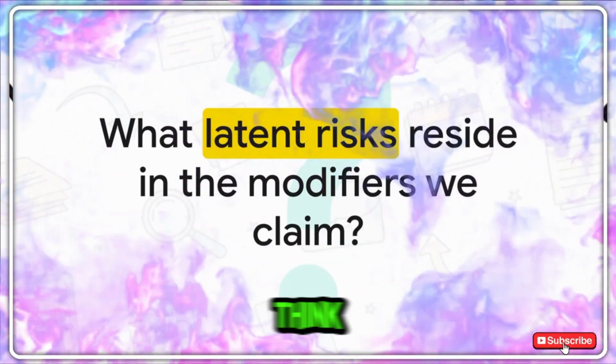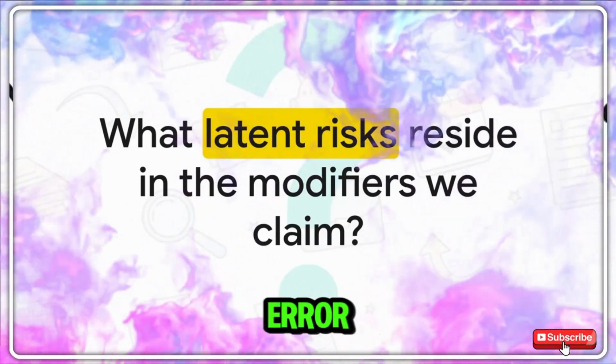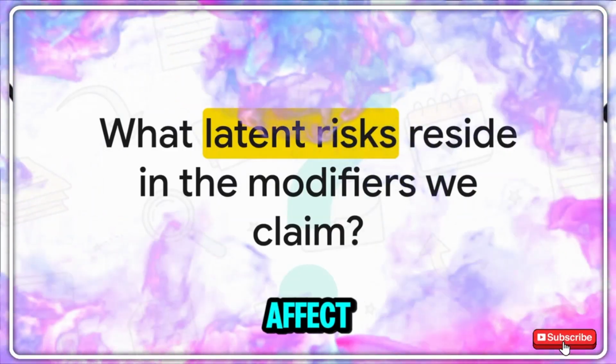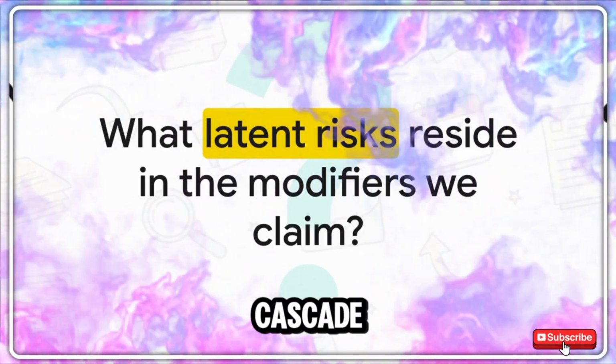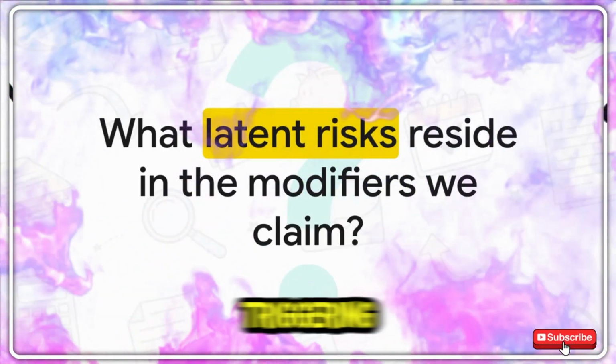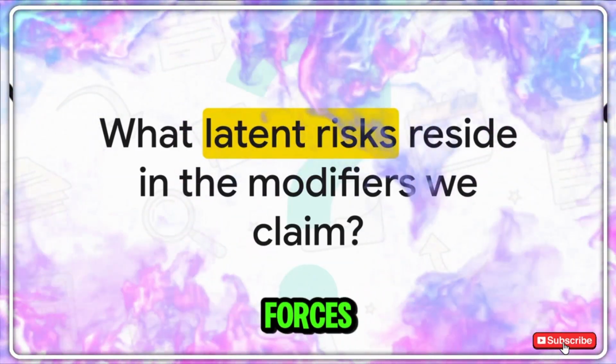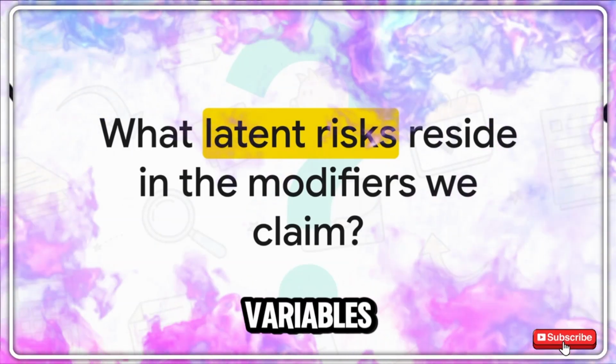Think about it. A single foundational error, or maybe a misunderstood demographic modifier, doesn't just affect one single form. It can cascade through years of procedural amendments, triggering intense scrutiny on your specific delta. It really forces you to think carefully about the variables you introduce into your equation.